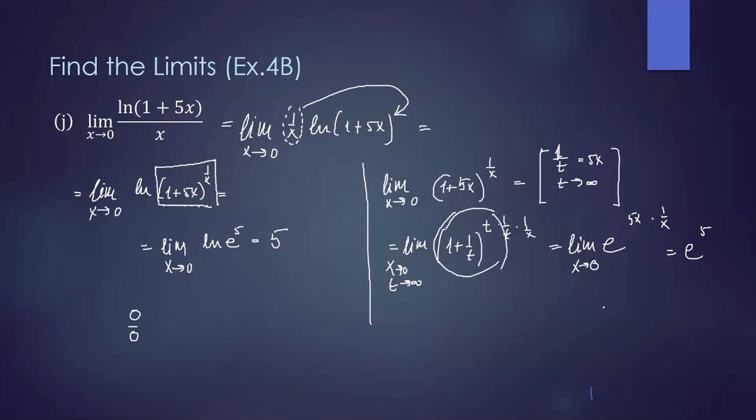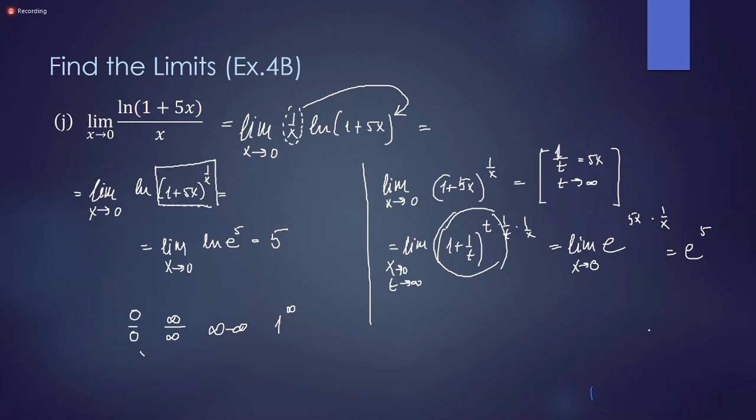We had the 0 over 0 trigonometric limit, and we had 1 to the power infinity, this e-limit. So we have had several methods. We have seen that using the conjugate sum is one very good approach in many cases. Now we will see another possible approach to many limits, not all of them, but many.